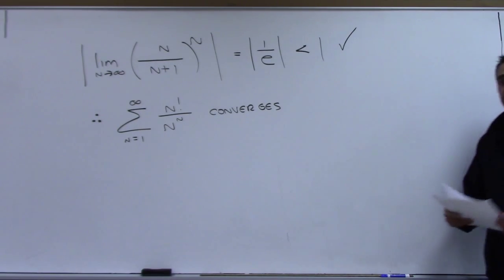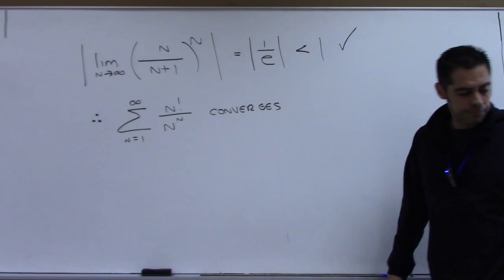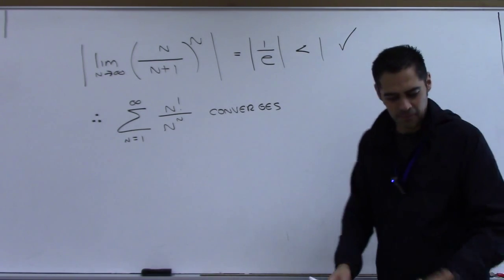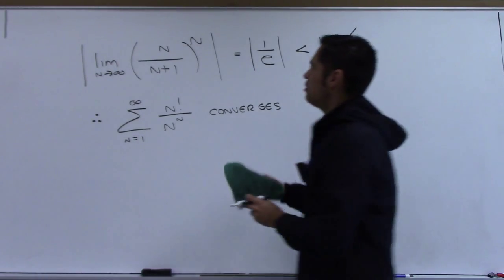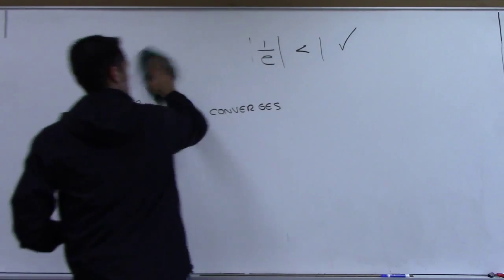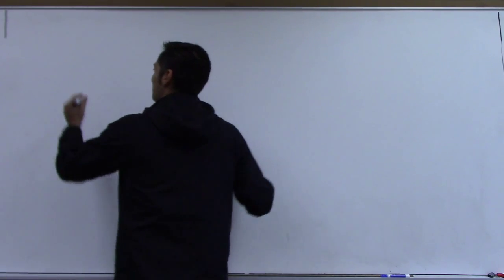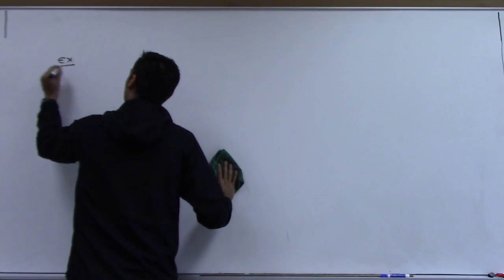The absolute value is only there for alternating series. Right into the fire on that one. Maybe we should do another one that's not so difficult. Maybe I should have done that first. This one's going to seem like cake now, hopefully.